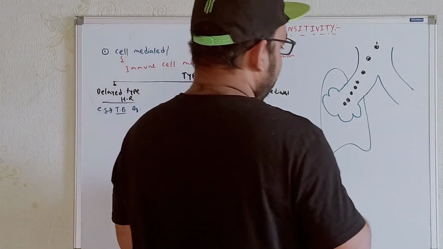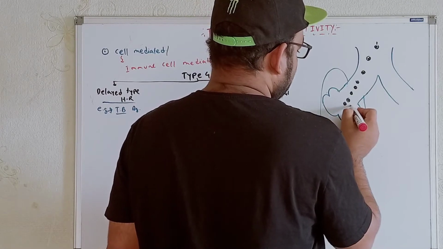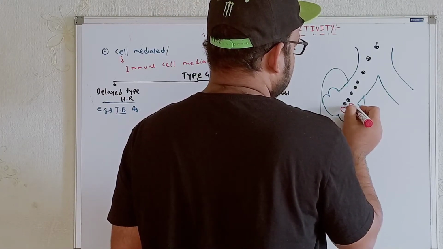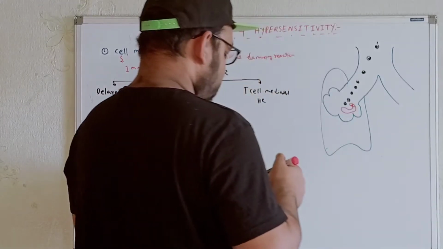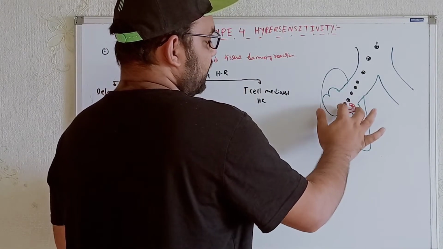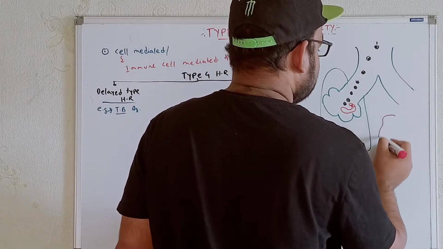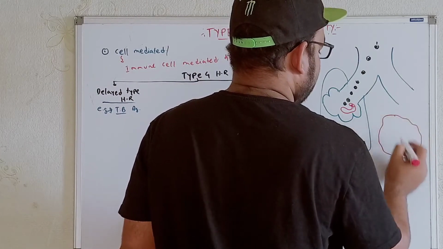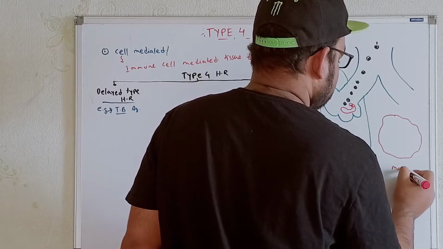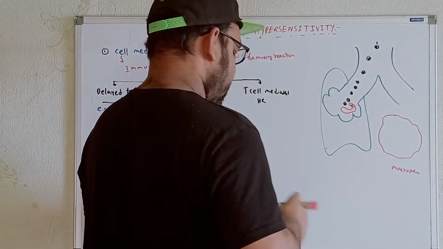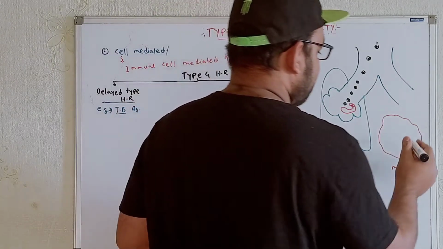Now, what will the alveolar macrophages do? They will start the process of phagocytosis. So let me show this over here: this is the alveolar macrophage, and these are the TB antigens.